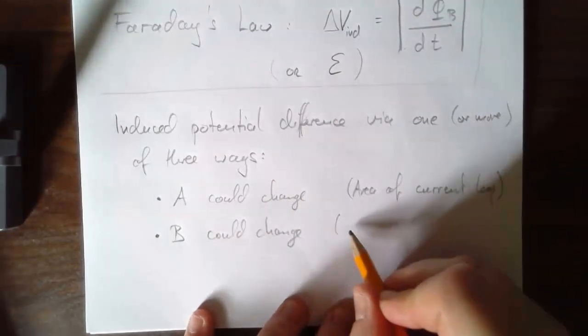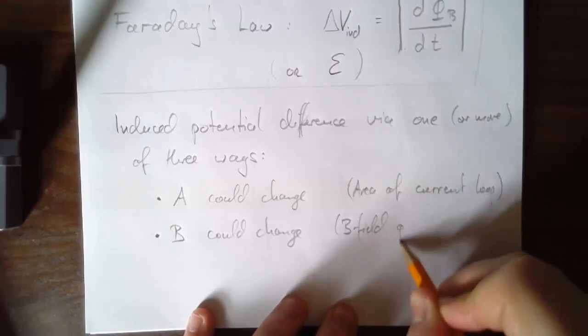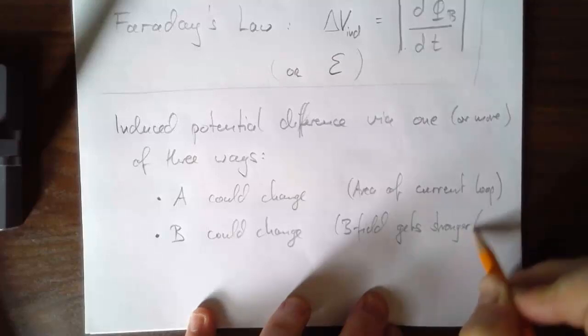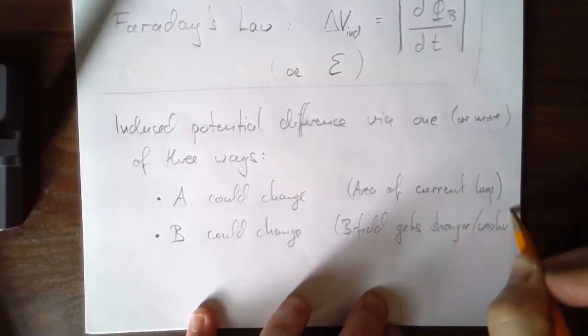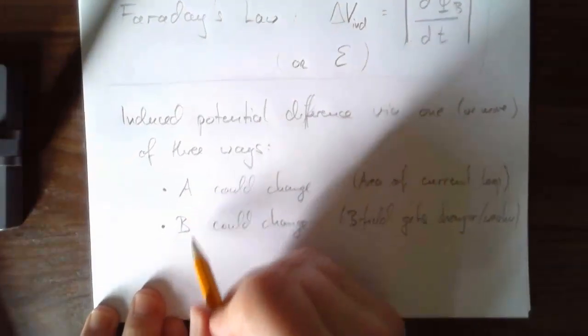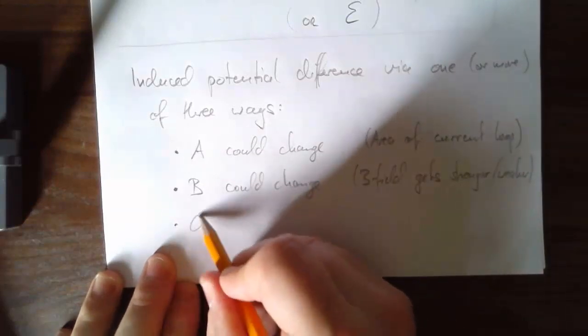B could change. For example, the magnetic field, the B field, gets stronger or weaker. And then the angle could change.